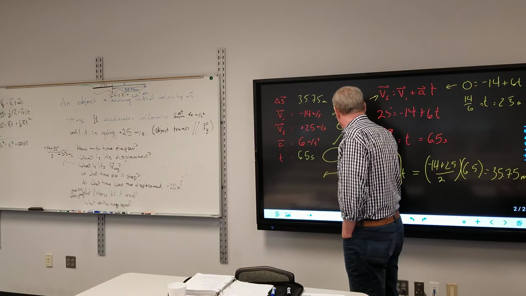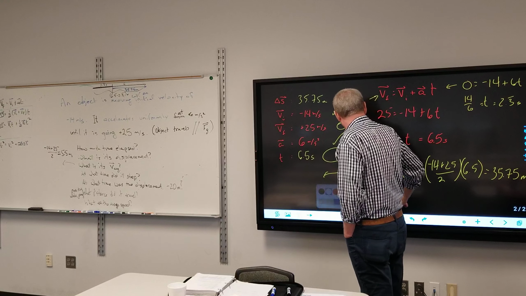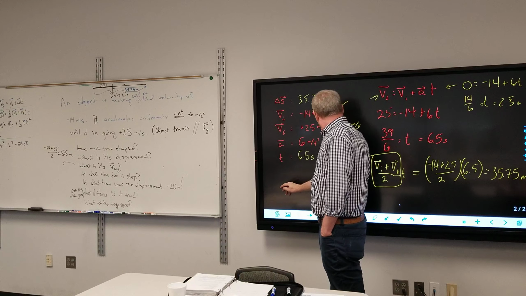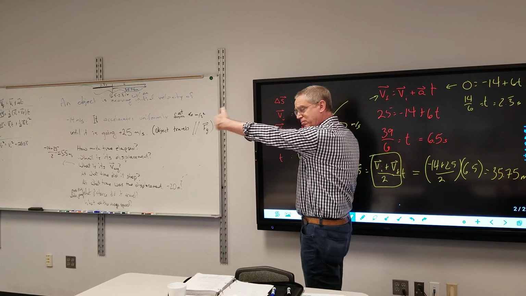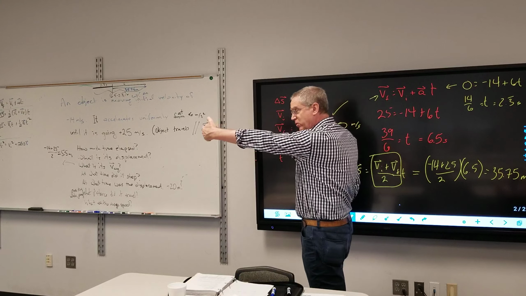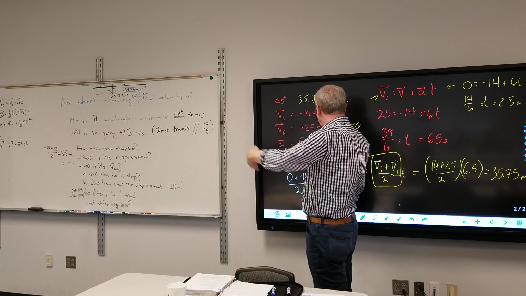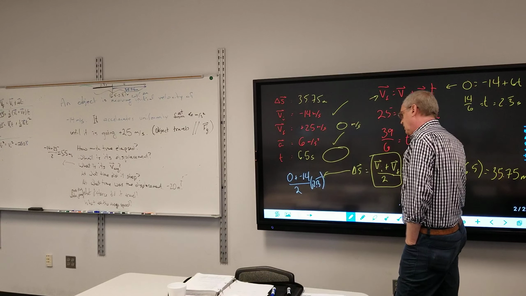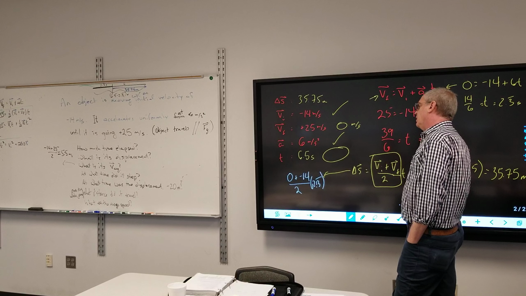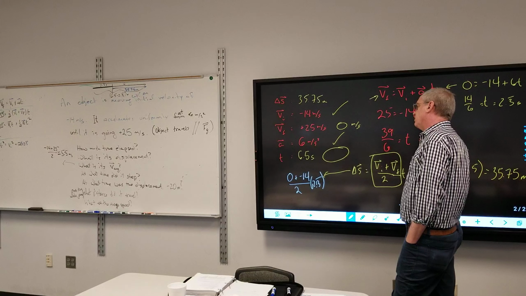So we take this equation here, and how far does it go to the left? It's going to be 0 plus negative 14 over 2 times 2.3 repeating. So 7/3 times 7, 49/3.